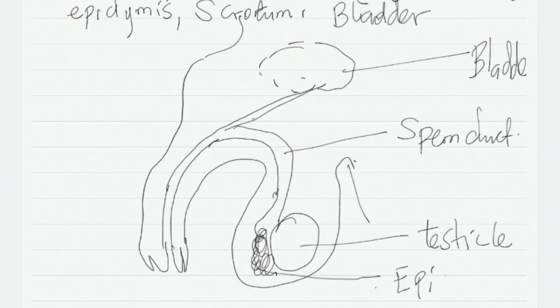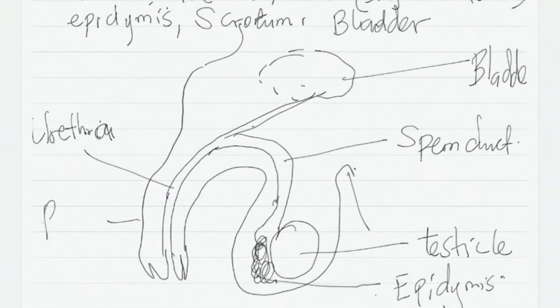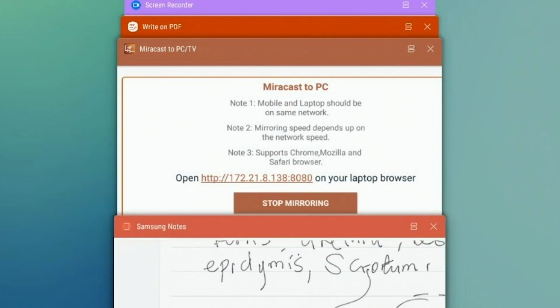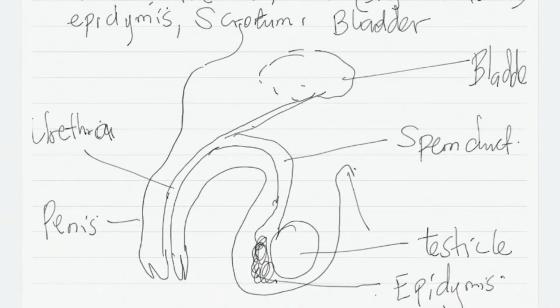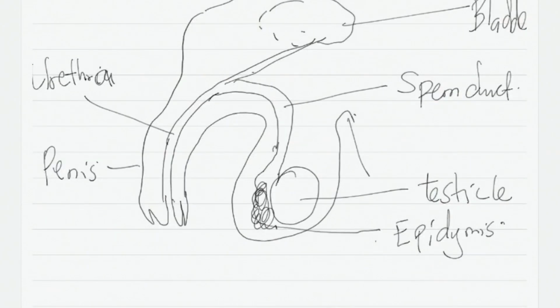Then we have this part, which is known as the epididymis. This one is the urethra. Then we have the penis. These are some of the parts that are found on the male reproductive organ.